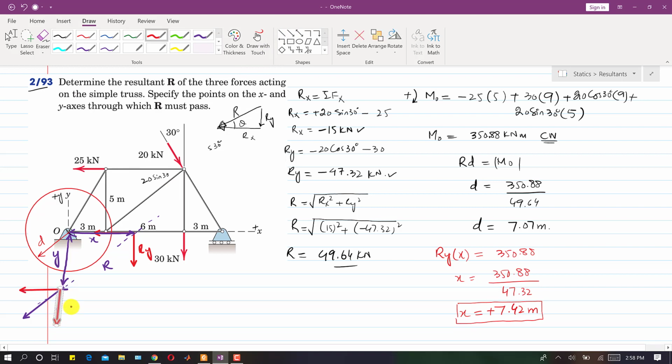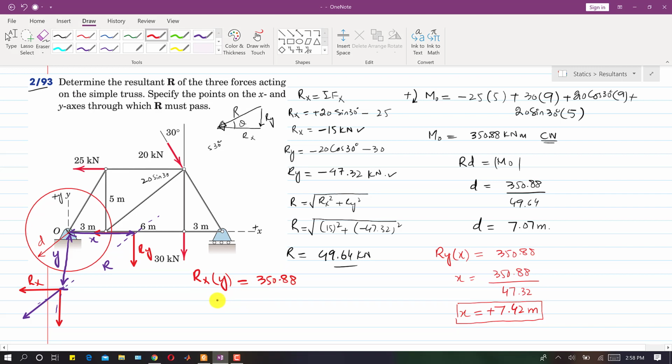This Ry component will be passing through point O, so it will never produce any moment, so only Rx will produce moment. So I will write Rx into y, the perpendicular distance, and it should be equal to that moment, which is 350.88, right?